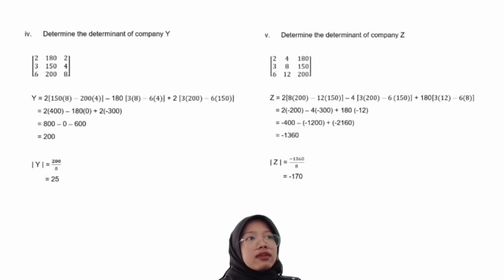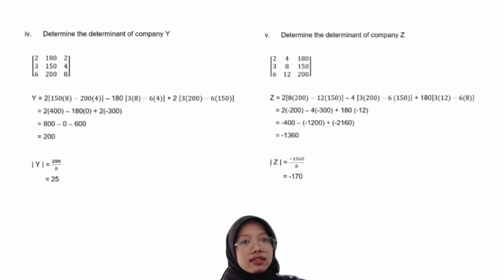So step number 5, we need to find the determinant of Z. We use the same steps, we multiply each term. After that we get the result. For the determinant of Z, we got negative 1360.